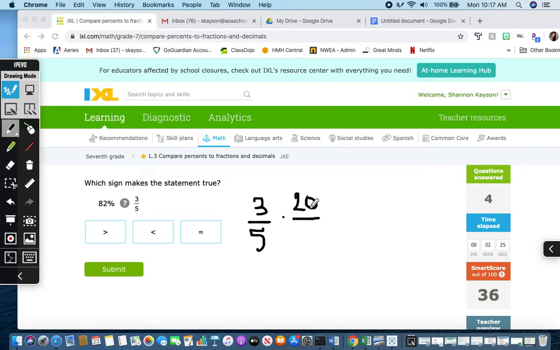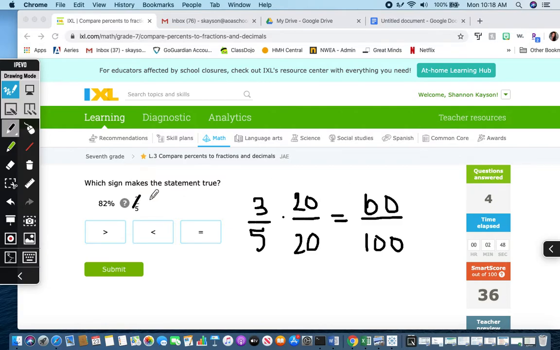And the reason I'm doing that is because 5 times 20 is 100. If you don't know your multiples or factors of 100, you need to memorize those. So what are the numbers that multiply together to get 100? There's a lot of them. So if you know 5 times 20 gives you 100, then 3 times 20 is 60. So 3/5 is actually 60%.